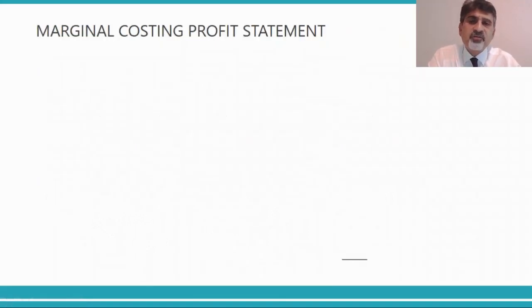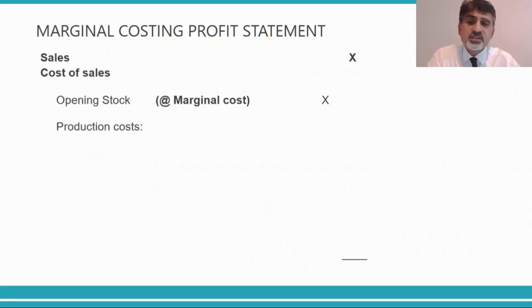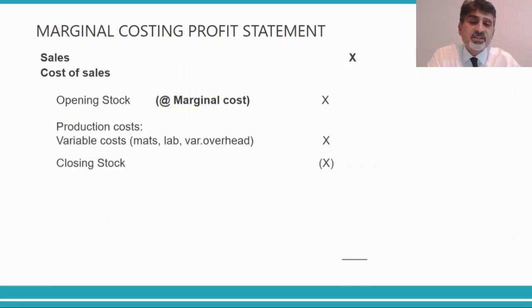In the marginal costing profit statement, when you make sales, cost of sale is opening inventory at marginal cost plus production cost, variable cost only, plus minus the closing stock, and that is called marginal cost, and what you get here is called contribution.